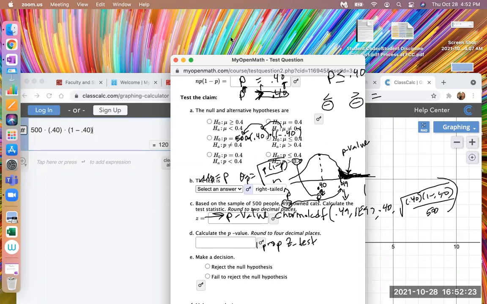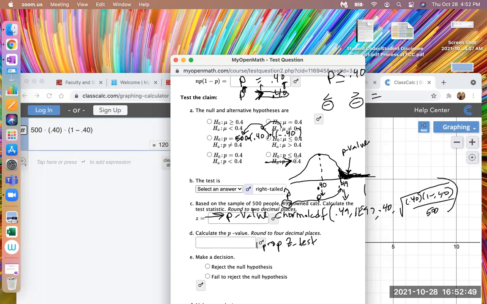I went over earlier how do we know if it's a right tail test, or which side to shade when we come to this picture. Well, the arrow in the alternative hypothesis is actually telling you what type of test it is. If you make an arrow out of that inequality symbol, it's pointing to the right. So that would make it a right tail test.